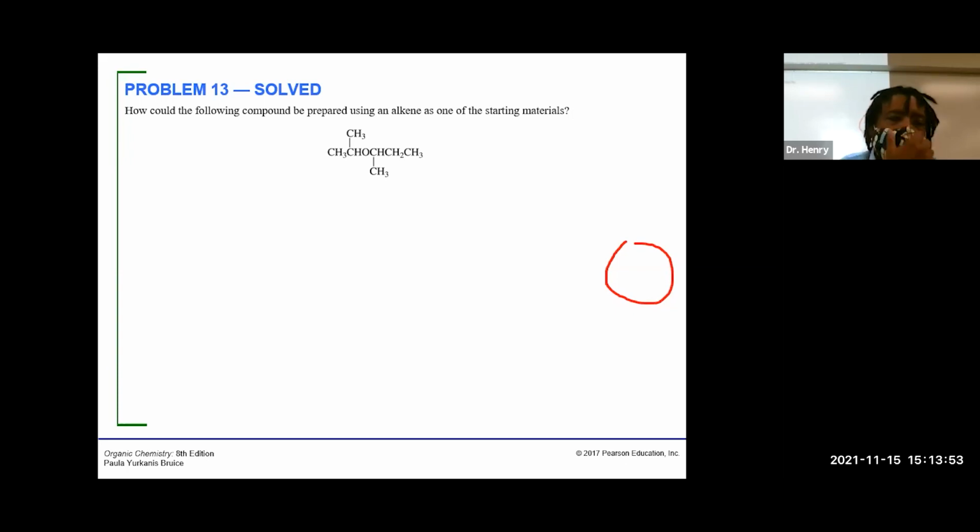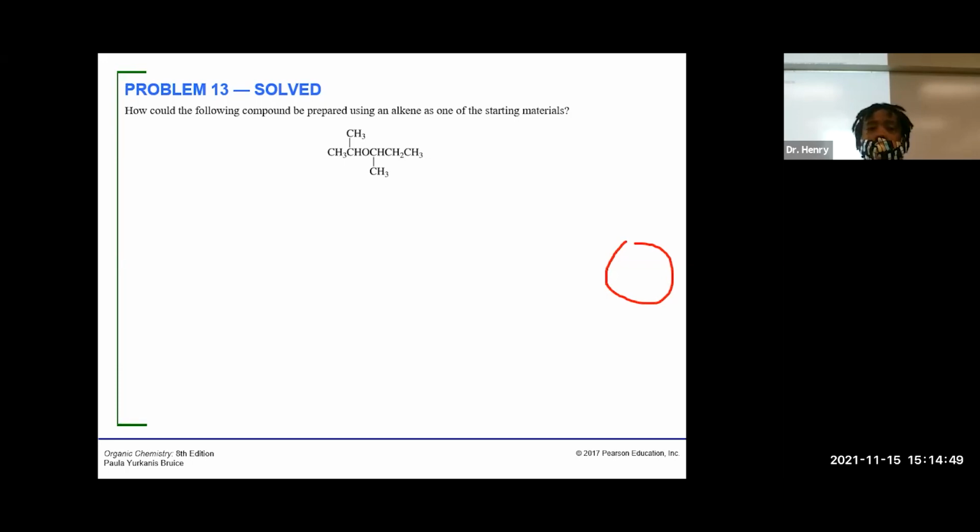What are the different possibilities? Okay, what will be one of the carbons that we could use?